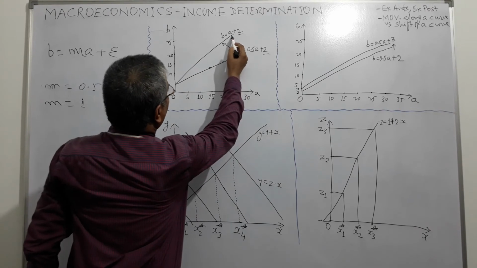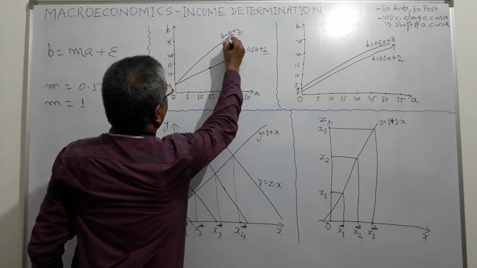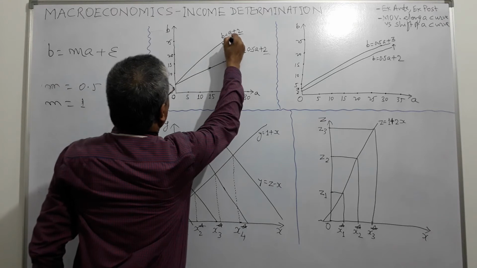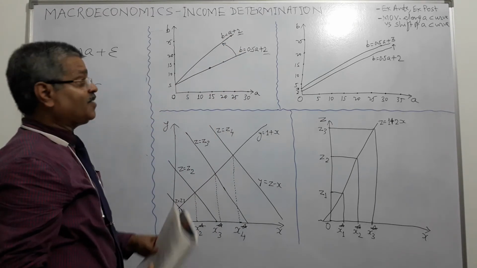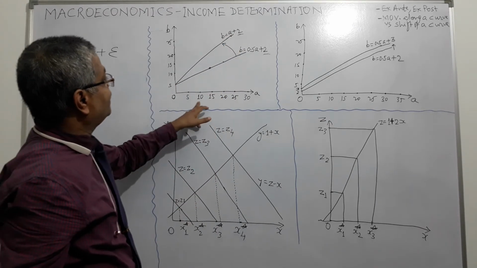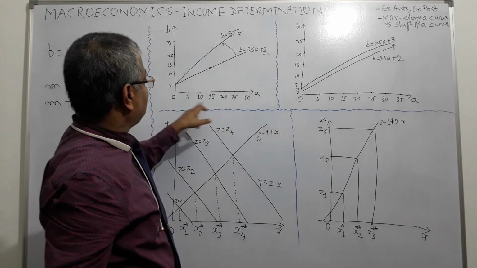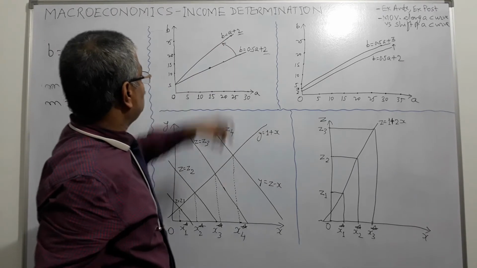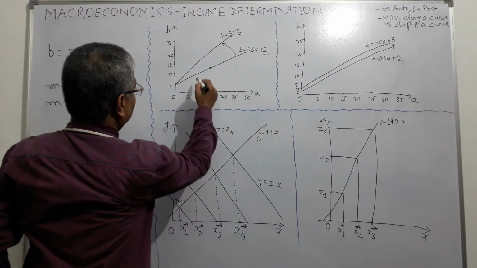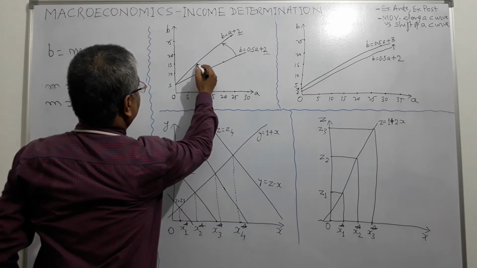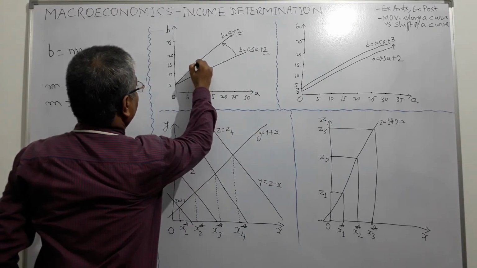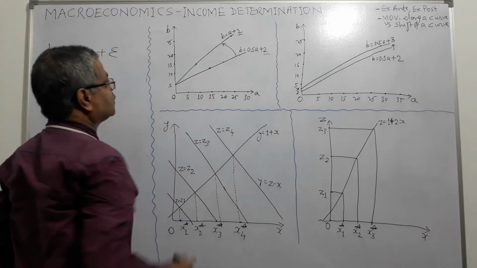So you will come somewhere around here, right? And you will come to 27. Or take another one, 10. So B is equal to A plus 2. A is 10 plus 2, 12. If you go above this, you will find you are at somewhere near 12, right?